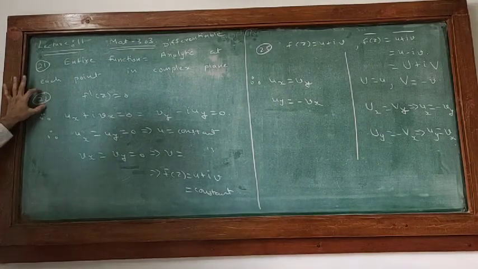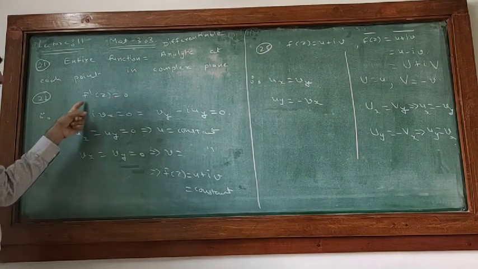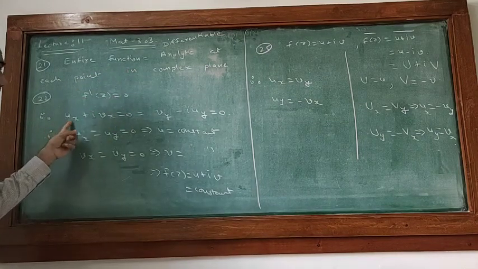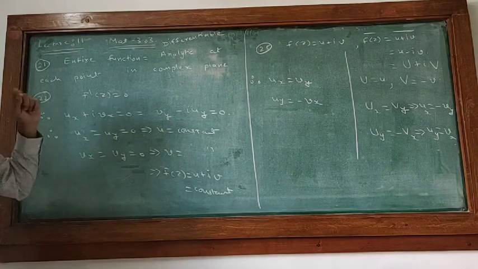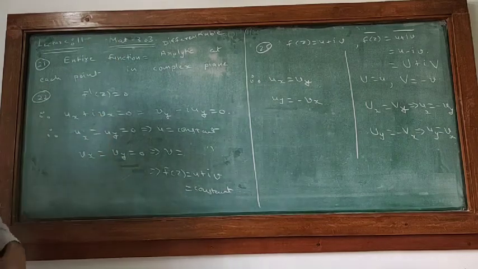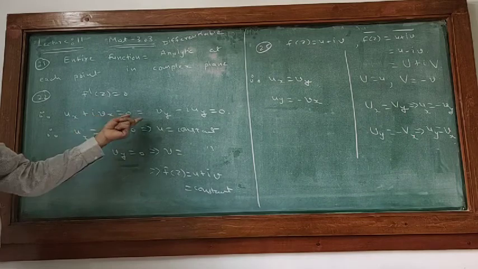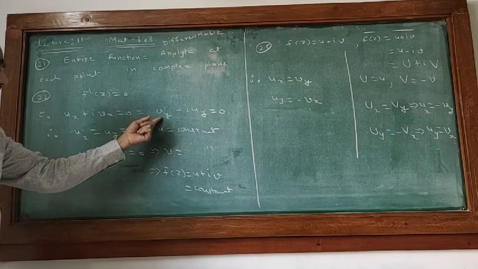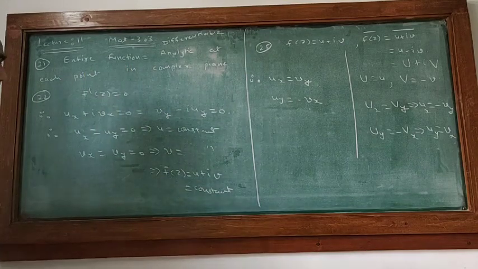In 22, if f'(z) equal to 0, what is f'(z)? It is ux plus i vx equal to 0. Now by the formulae in the CR equations, which we derived, this value equals minus vy minus i uy equal to 0.